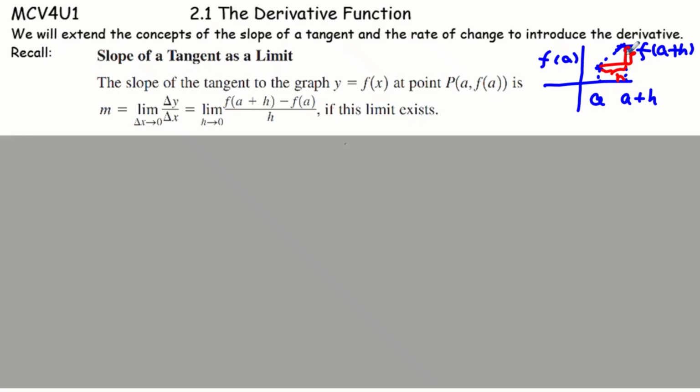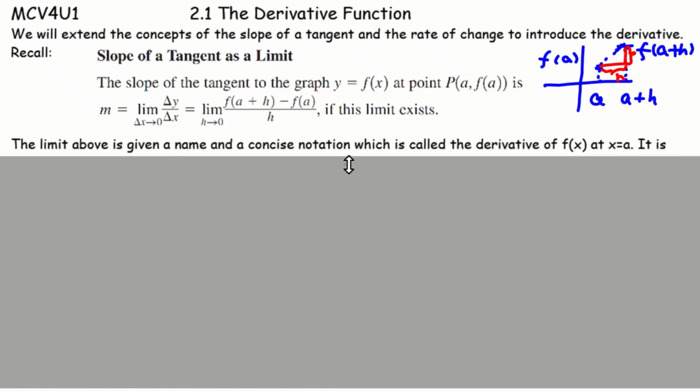When h approaches 0, this point is approaching f at a, and this is the slope of the tangent. And now we are going to give it a more precise name. We call it the derivative of function f at x.